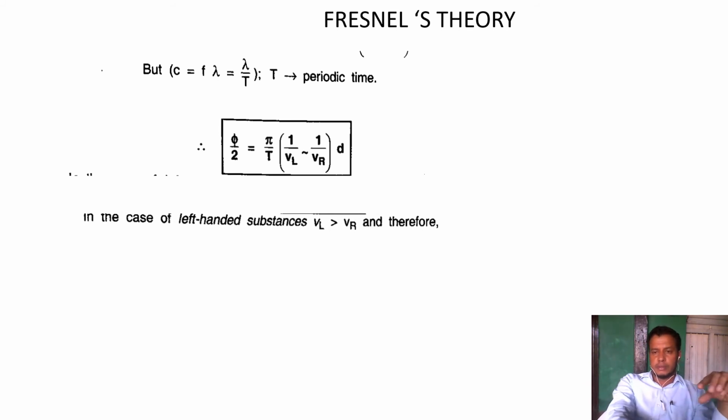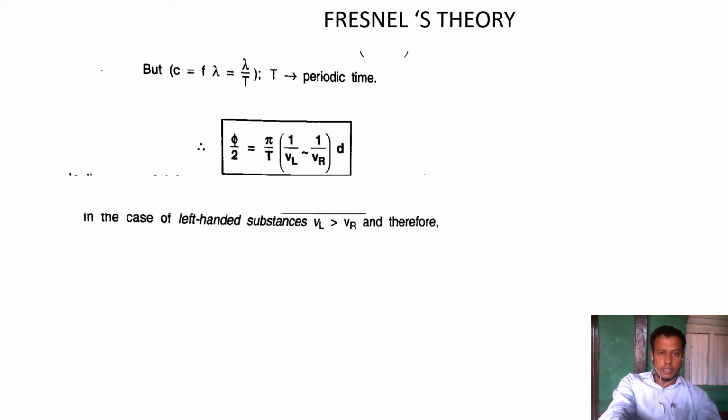Let me consider some cases, for left-handed, right-handed, and when they are optically inactive. These are the three cases we have studied with this equation. First, in the case of left-handed substances, the velocity of the left-handed vibration v_L is greater than that of the right-handed.